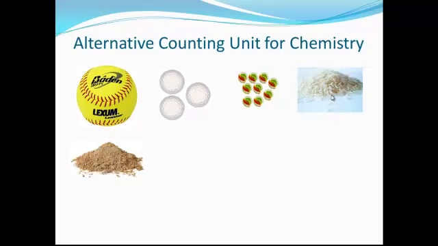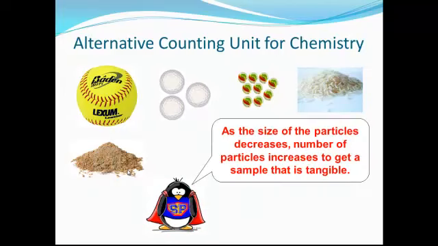If I go to a pile of sand, and I want a similar tangible feel of that, the actual number of grains of sand will increase dramatically. So as the size of the particles decreases, the number of particles has to increase in order to get to a sample that is tangible.